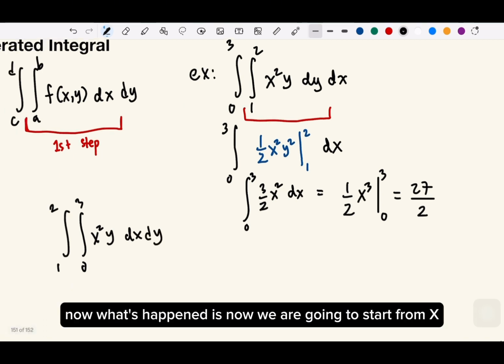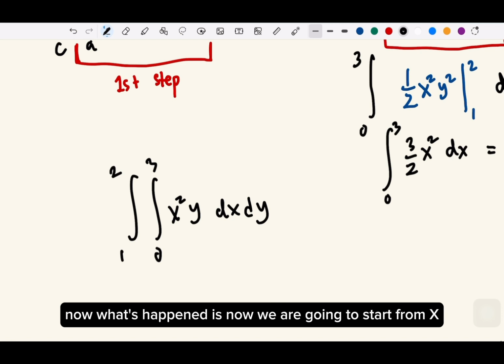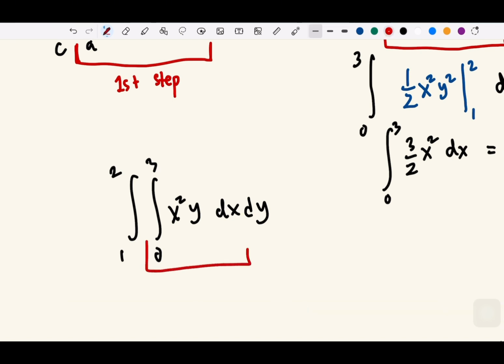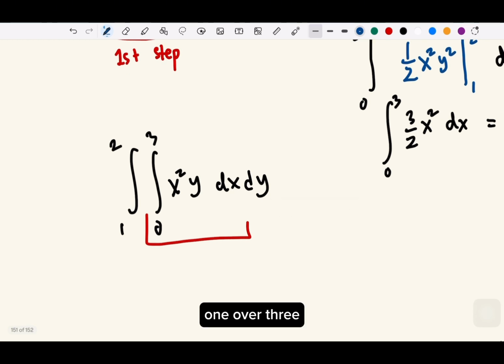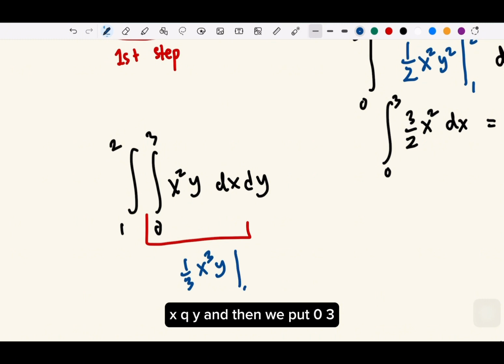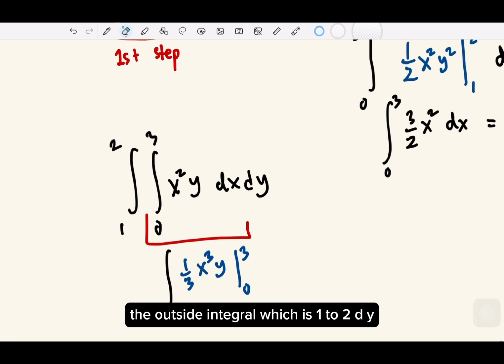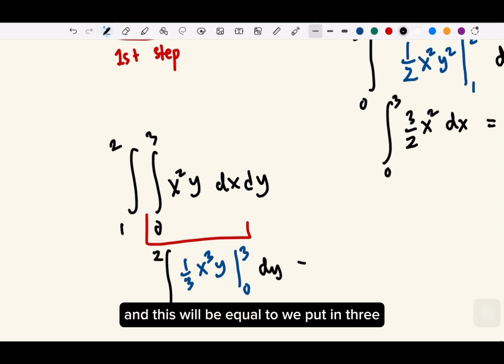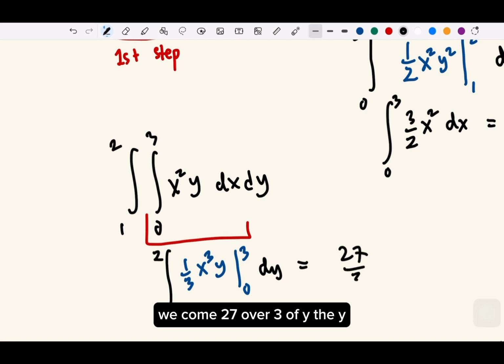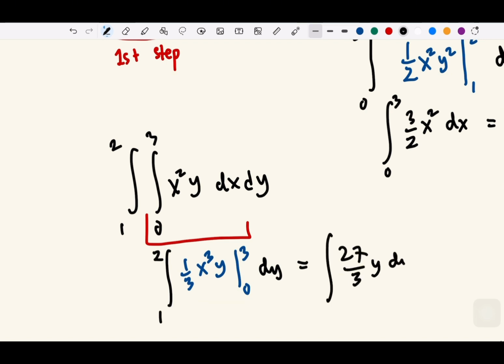Now what happens is we are going to start from x. We integrate x, which gives 1/3 x cubed y, evaluated from 0 to 3, and we still need to write the outside integral, which is from 1 to 2 dy. Putting in 3, this becomes 27/3 of y dy.